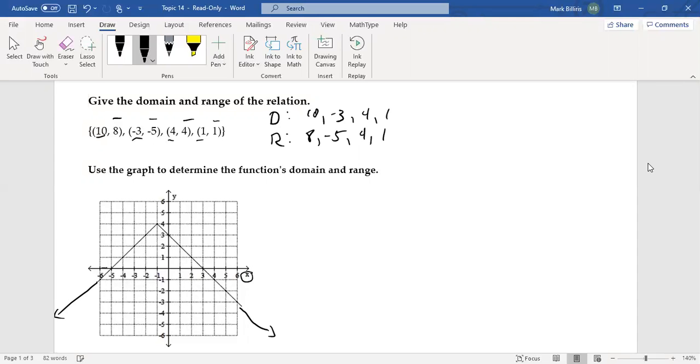Points that go all the way to -infinity would have been included in graphing this function. Where does the graph stop on the x-axis? It doesn't. It keeps going, because there are points as we move to the right that would have been used to graph this function. So our domain would be all real numbers.